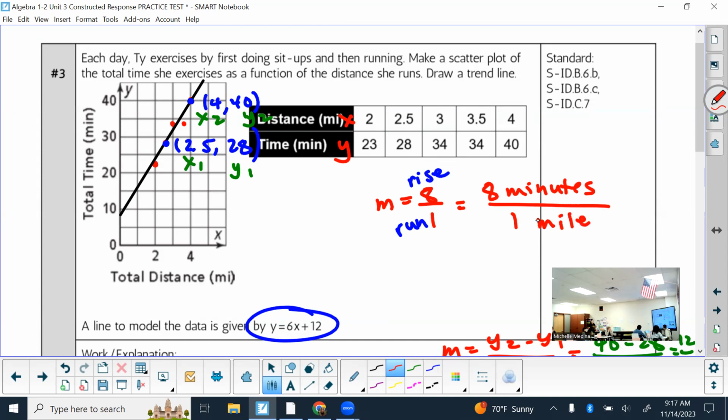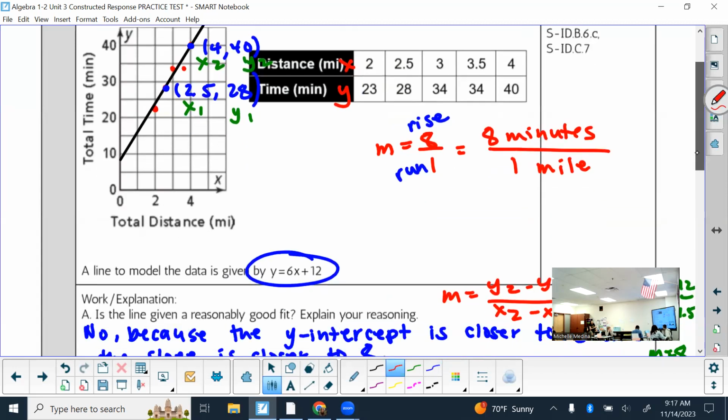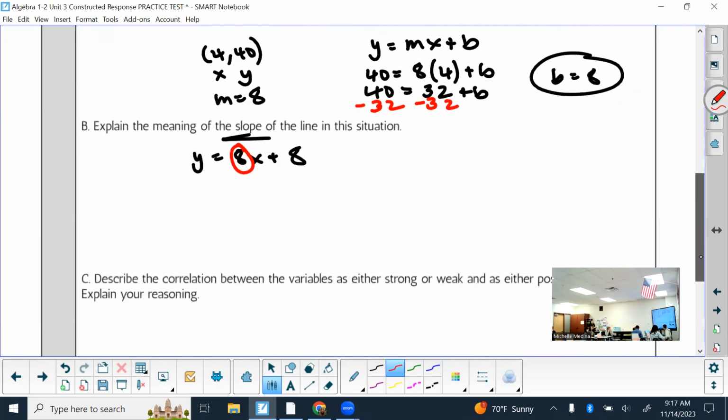So that means it takes them 8 minutes to run 1 mile. Does that make sense? On average. You can say something to that effect. 8 minutes to run 1 mile. So we'll read what the axes say, know that slope is rise over run, rate of change, that's what it's changing.